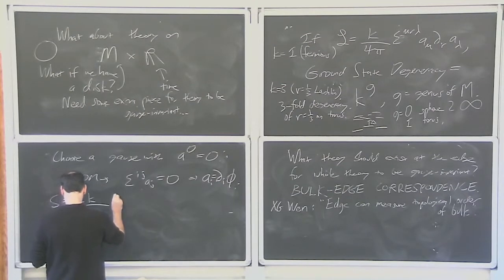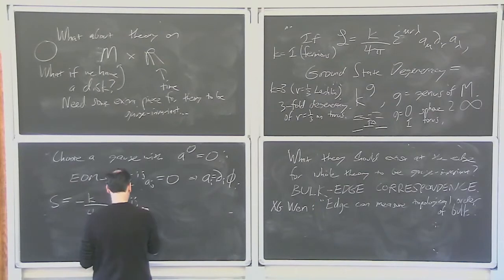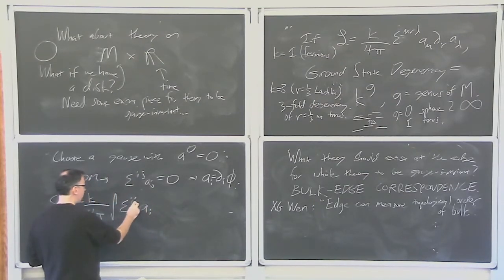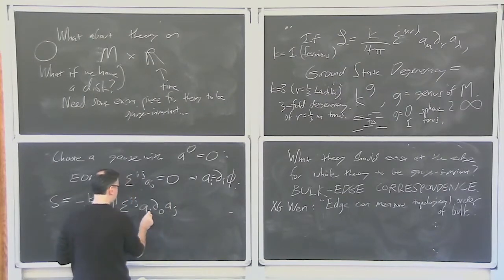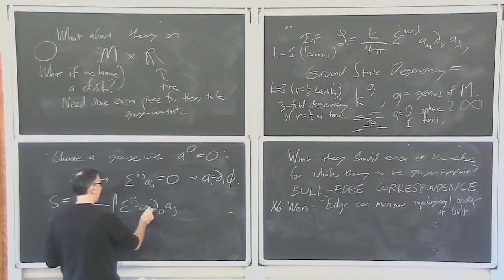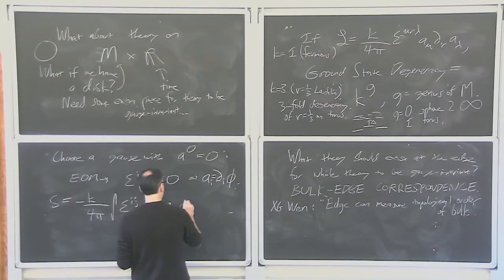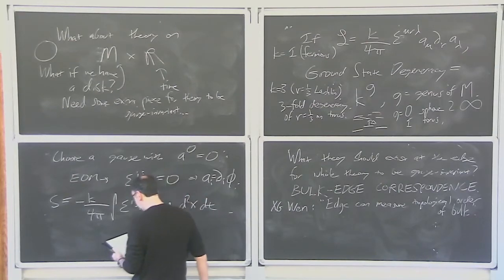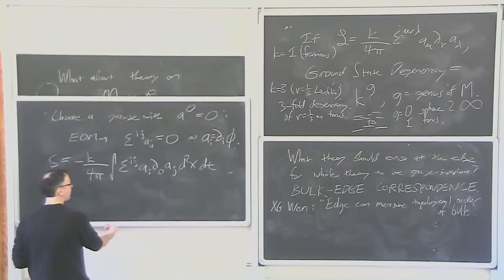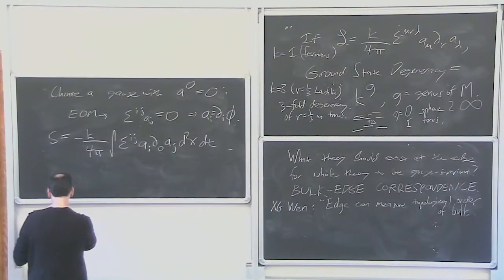So our bulk theory, once I've gone to this gauge, I don't have epsilon mu nu lambda anymore because A0 is 0, so the only terms I have left are like this, because only the spatial components of A can be non-zero, which means the zero component must have appeared in the derivative, d2x dt. So now I need a couple of steps to shuffle derivatives around, but that's all I'm doing.